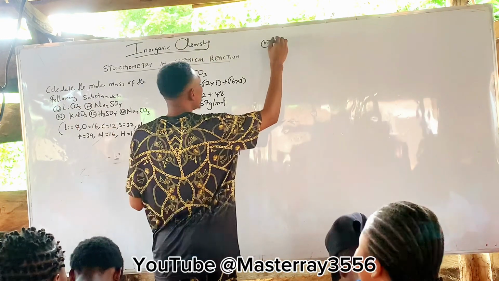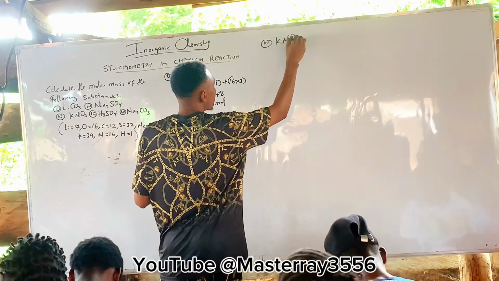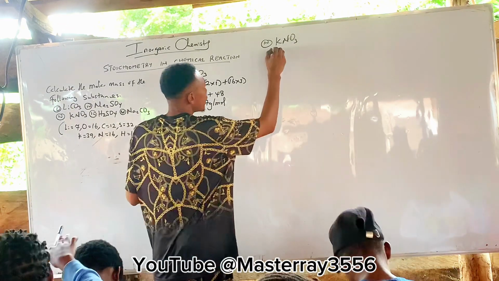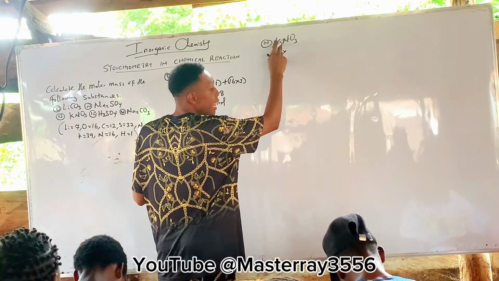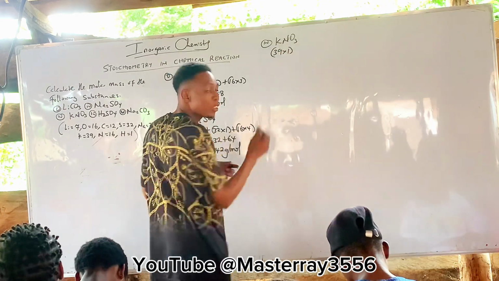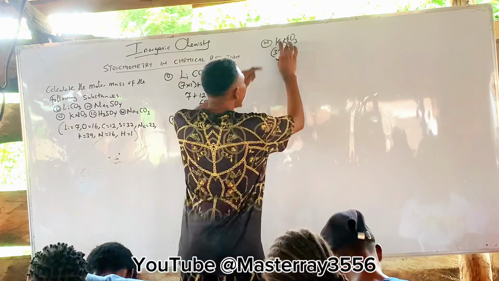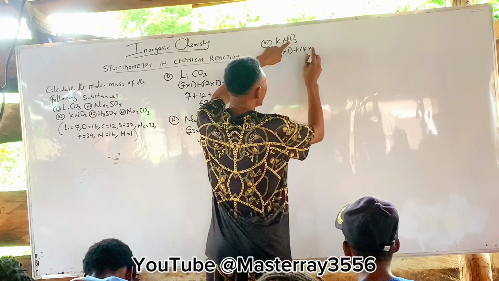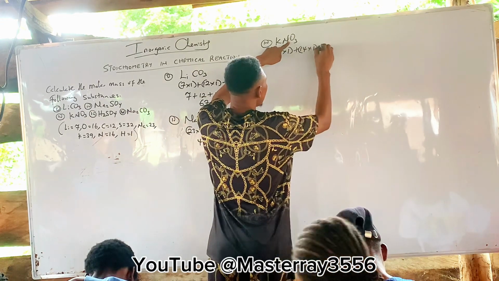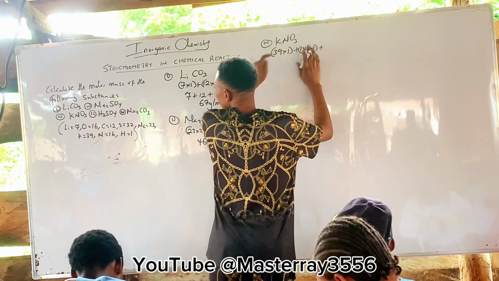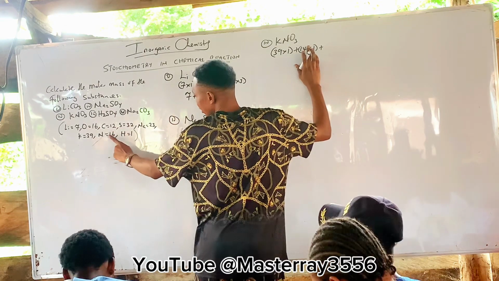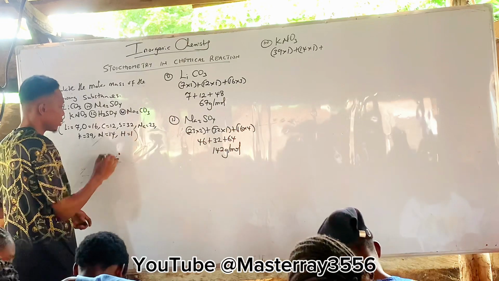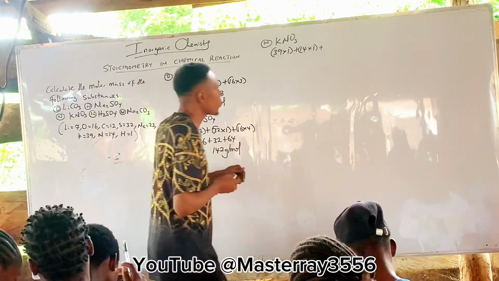So number 3, we are given KNO3. So what is the mass number for potassium? 39. That is 39 times how many atoms? 1. Are you following? Nitrogen is 14, with 1 atom.